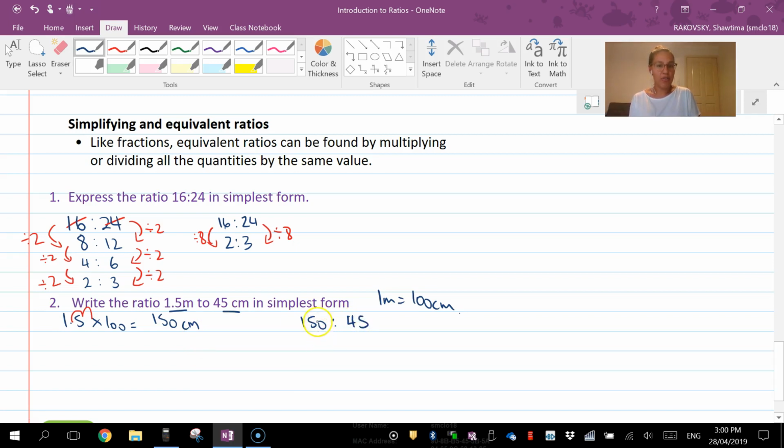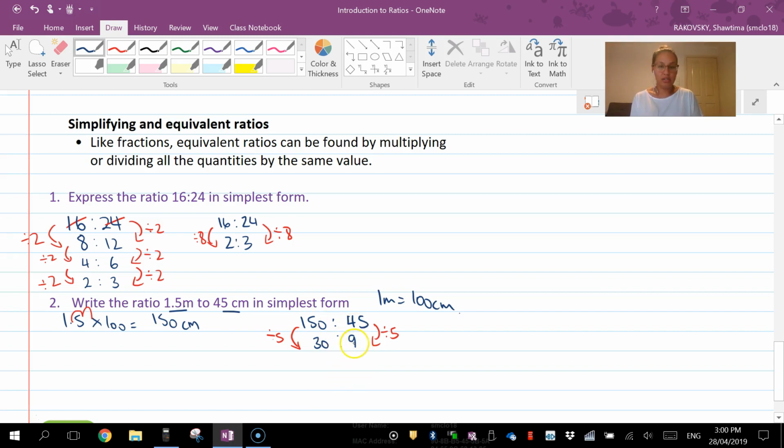I know that the common factor of both of those is going to be 5. So I'm going to divide them both by 5. That gives 30 to 9. Oh, I can go one more. 30 divided by 3 is 10, and this one here divided by 3 is 3.